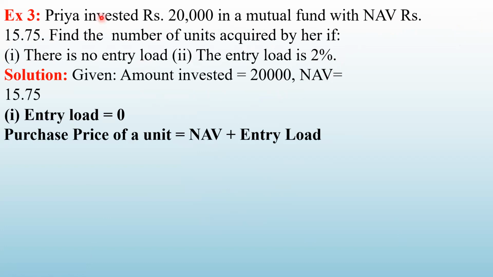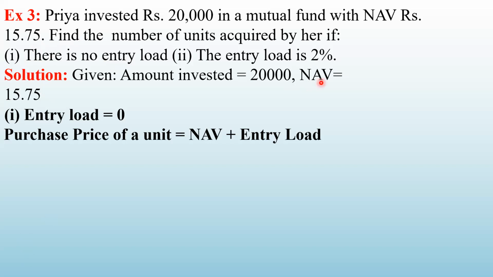So in this problem, amount invested is 20,000. They're also given the NAV, how much? 15.75. Now you have to find out how many units are purchased if there is no entry load and if there is an entry load of 2%.